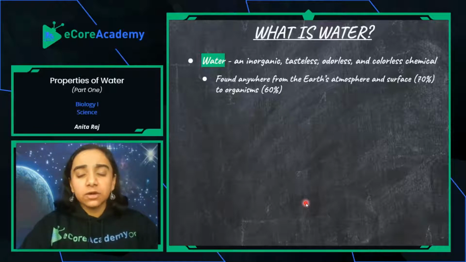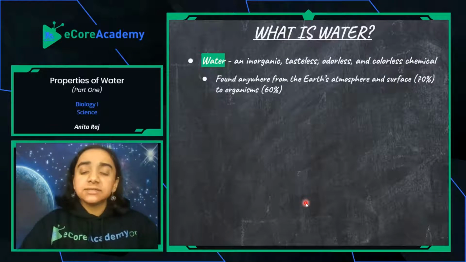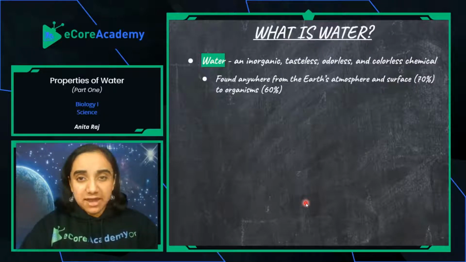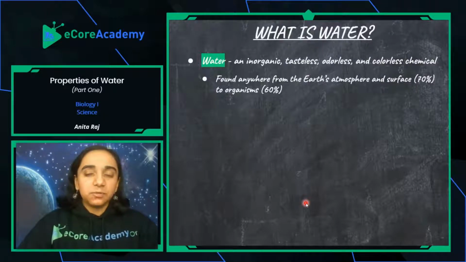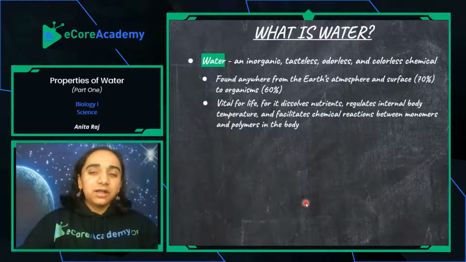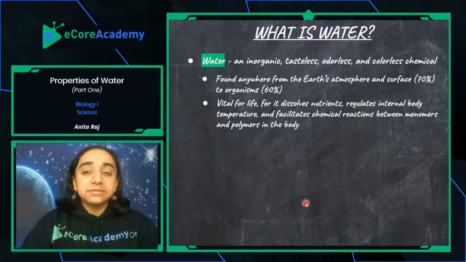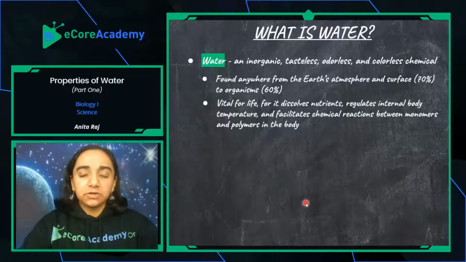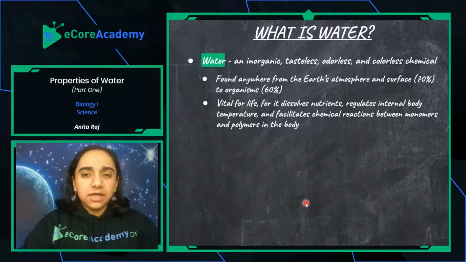And in regards to organisms, for example the human, 60% of our body is made out of water. This water can be found in our blood, in our organs, in our cells. There's just water everywhere, and you might not think of it right now, but it's pretty much present everywhere you are. The reason why water is so abundant is because it's vital for life, and you might be wondering, why does life need water?